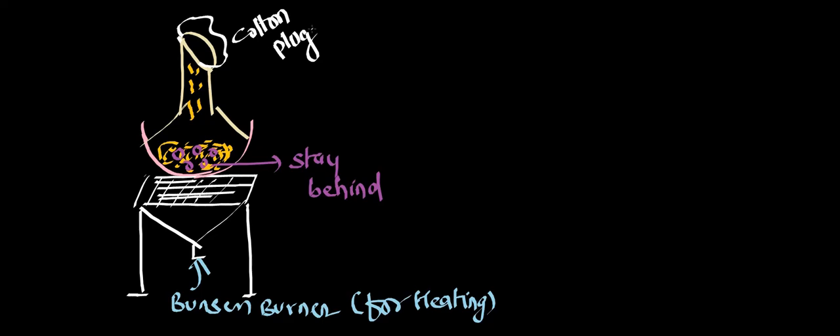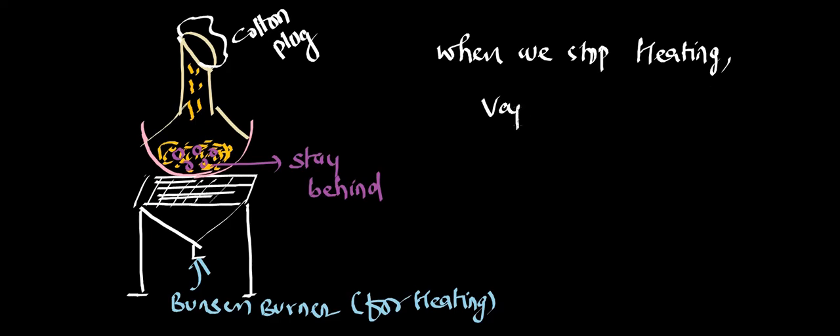And once you see that all the organic compound has sublimed, we just have to stop the heating. Once you stop the heating, what happens? Now the vapors start converting back into solid form.